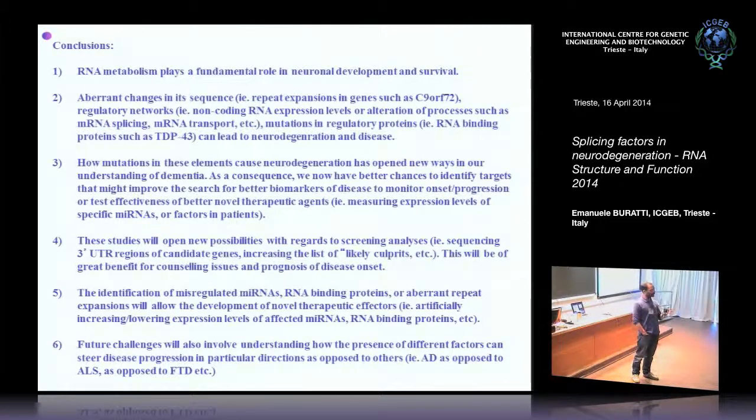This applies to both ALS and FTD: people are perfectly normal, they lead perfectly normal lives, and then suddenly in their 50s or 60s they start to have these massive neurodegeneration processes that lead to ALS or FTD.